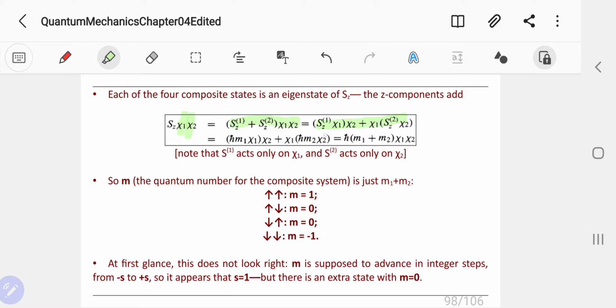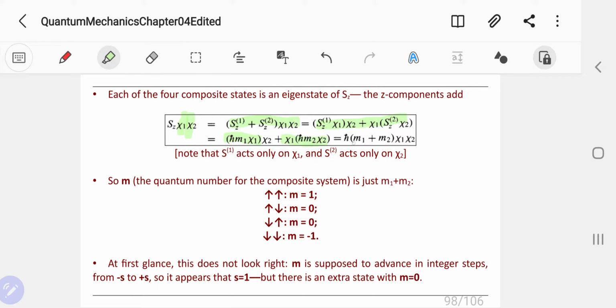So Sz chi1, no, this is not X, this is chi, sorry. So Sz1 chi1 would just be ħm1 chi1, and this one would just be chi1 ħm2 chi2.